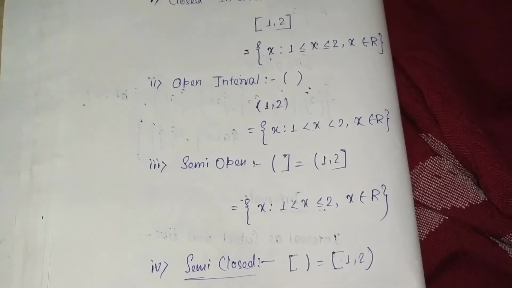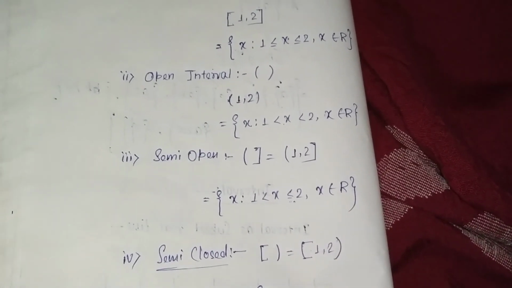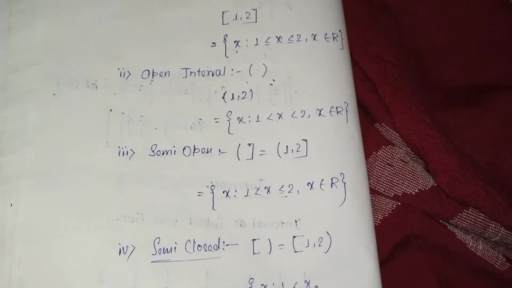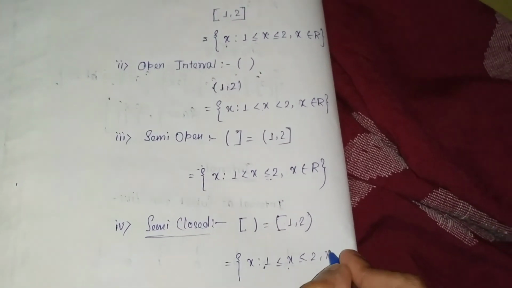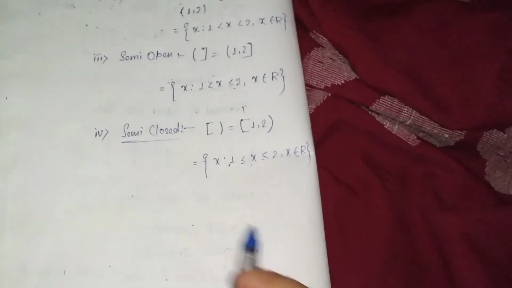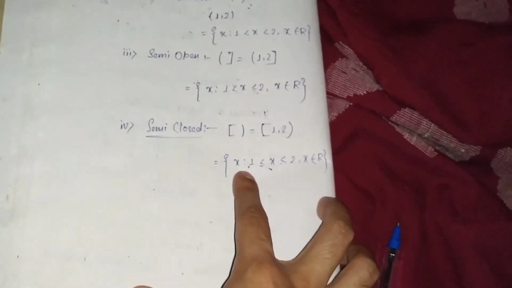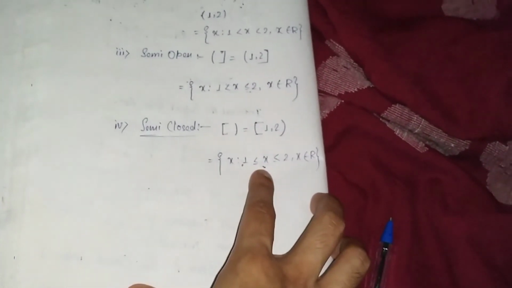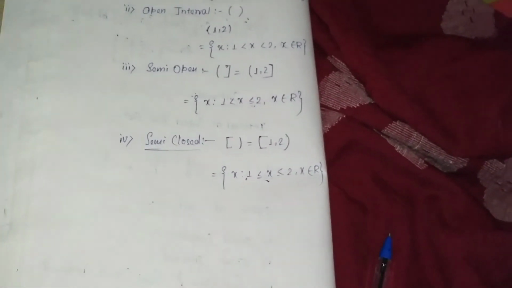Set builder form is x such that 1 less than or equal to x less than 2, x be a real number. Okay, that means the x value starts from 1 or bigger than 1, but it has to end on smaller than 2.